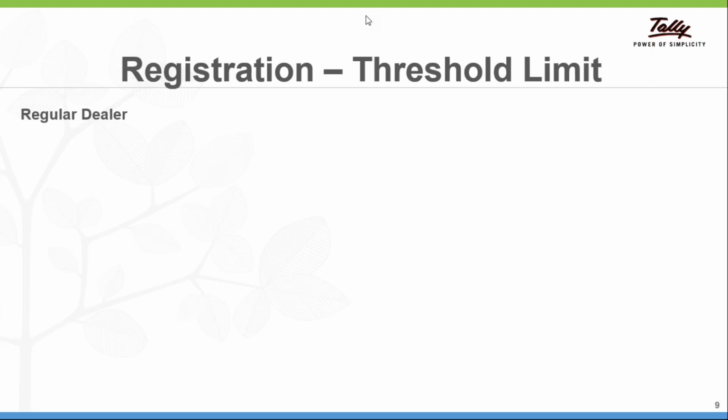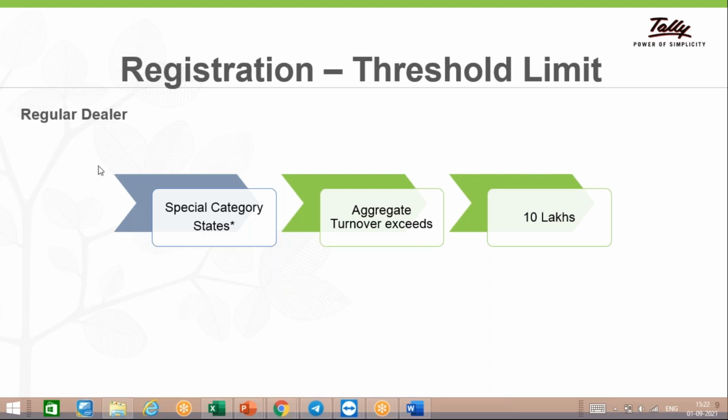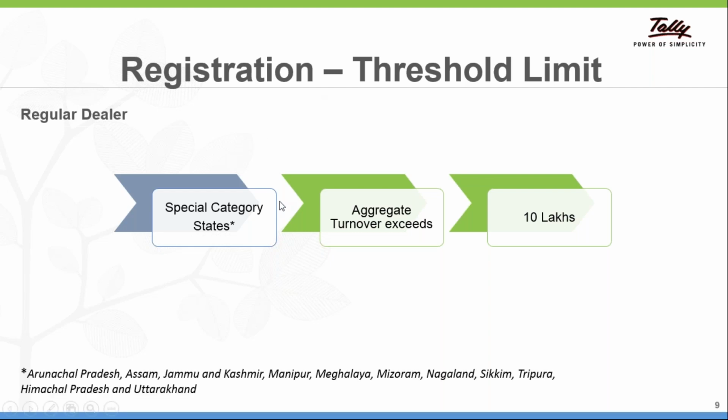Okay, what are these threshold limits? Basically, there are different dealers when it comes to registration: regular dealers, unregistered dealers, and composite dealers. A regular dealer is one whose aggregate turnover must be 10 lakhs for the special category states.